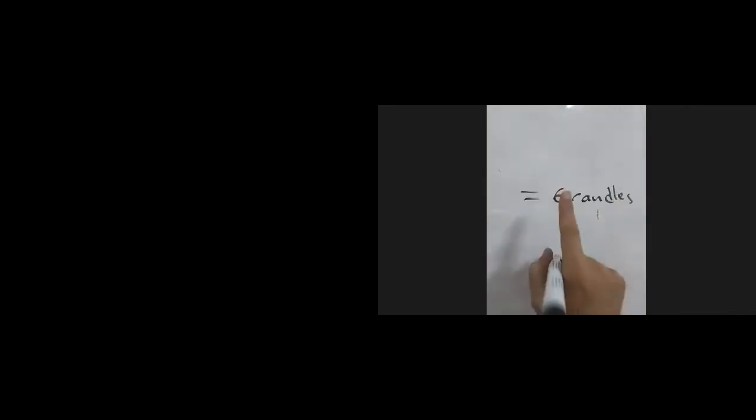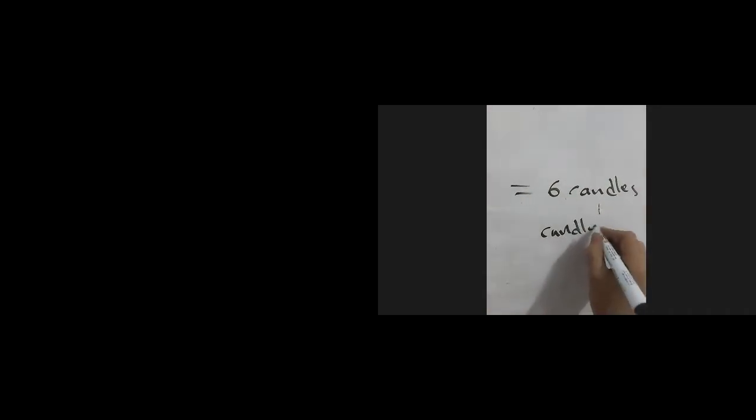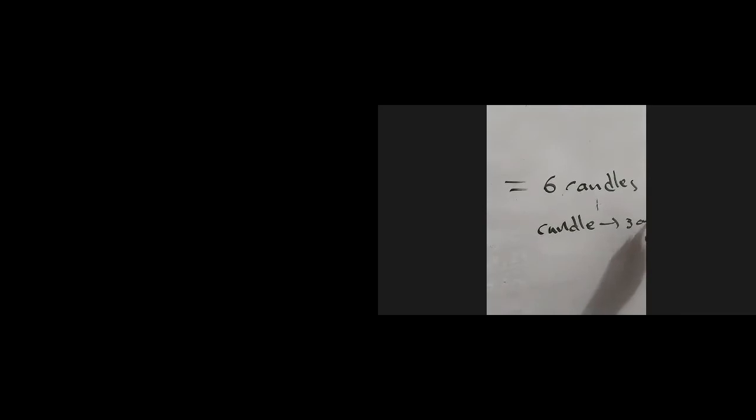Now, to understand it more, I'll give you an easier example. Just focus with me a little bit. For example, if you want to make only 6 candles, okay? You want to make 6 candles, equal, not at least. Each candle needs, let's say, 3 ounces.